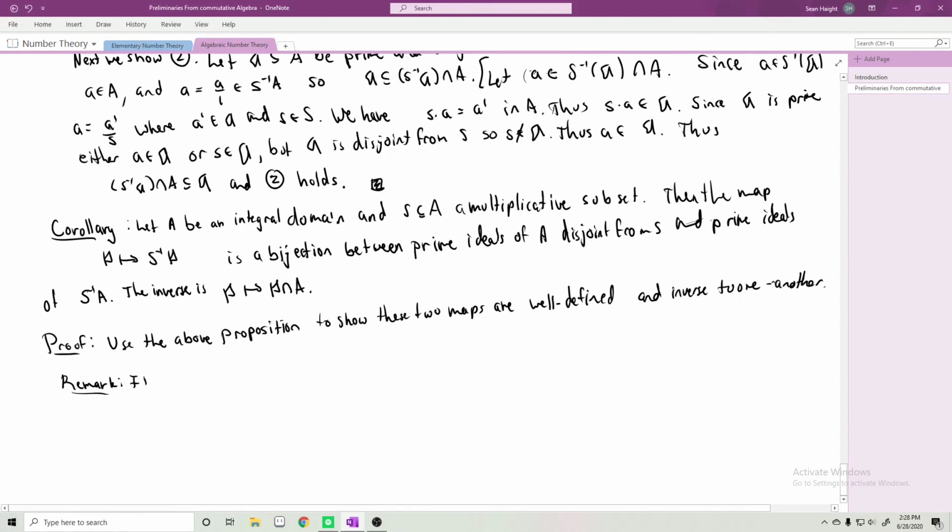If P subset of A is a prime ideal, then the localization of A localized at P, remember, this means take A, kick out P, invert that, multiply it by A, is a local ring with unique maximal ideal.